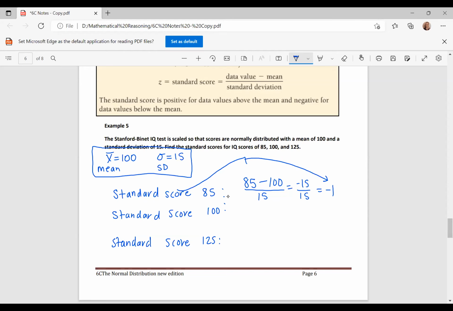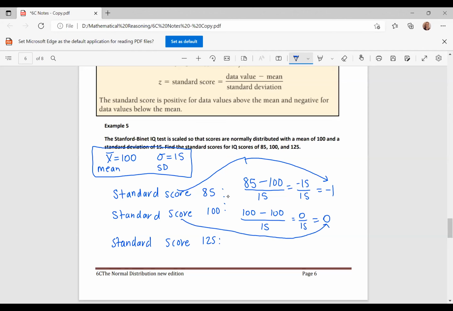If they have an IQ score of 100, I would take 100 minus another 100, that's the mean, divided by my standard deviation. So we would have 0 divided by 15, which is 0. That person is right in the middle with their IQ score. Their standard score is a 0.